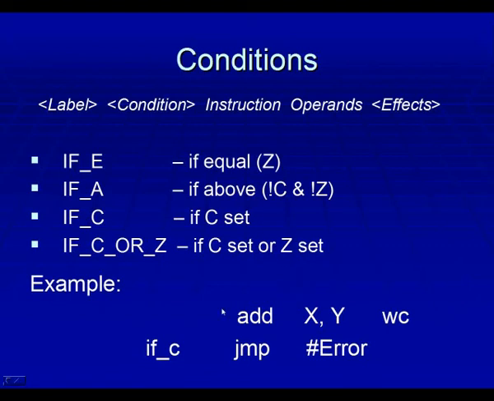So I could have any number of instructions in between this add and this jump command that don't write the C flag, and it will stay set to whatever it was when this add instruction was finished. And then later on I can execute an instruction based on it.